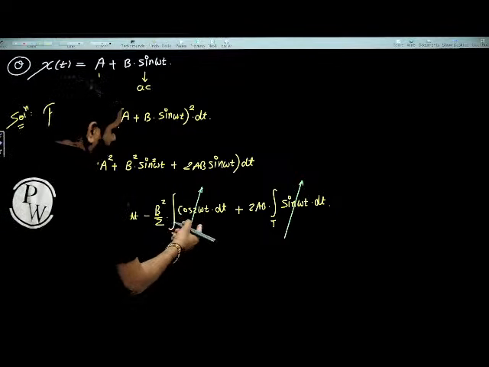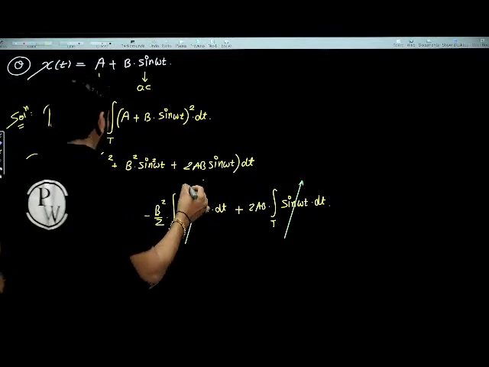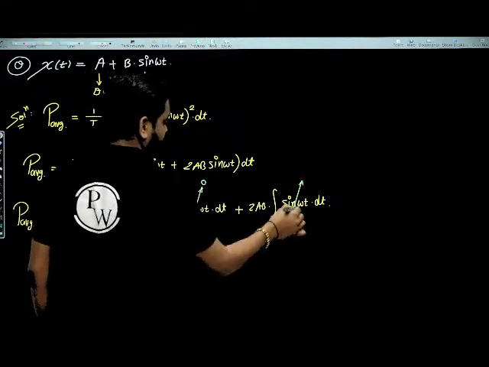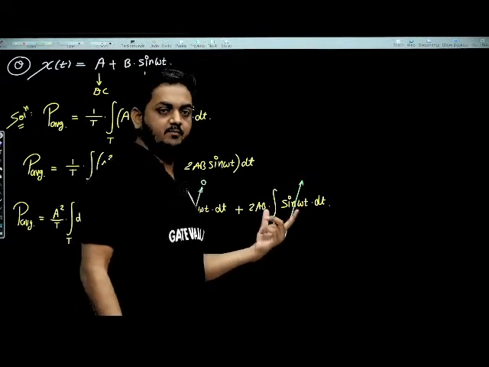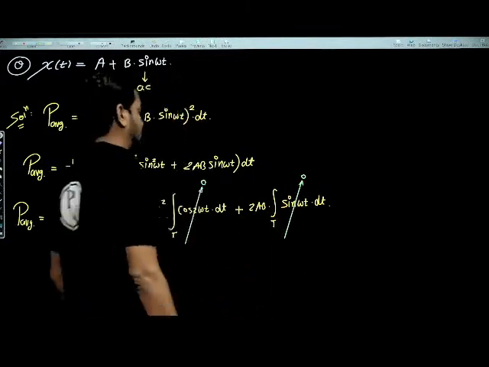This is the area of cos omega t over a fundamental time period, it becomes 0. And this is the area of sin omega t over a fundamental time period, it is 0. Already we discussed this thing, guys.